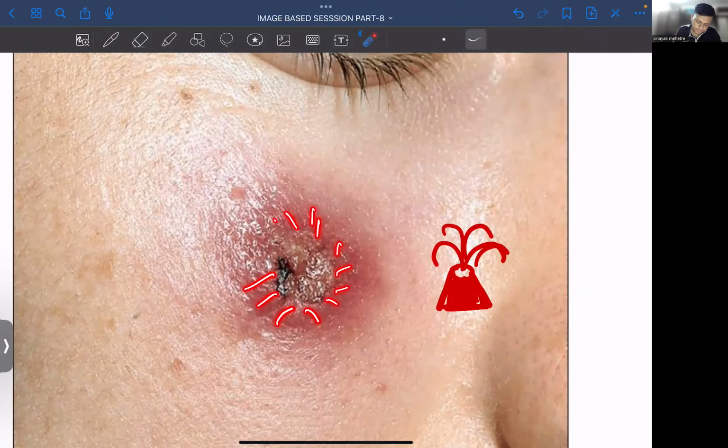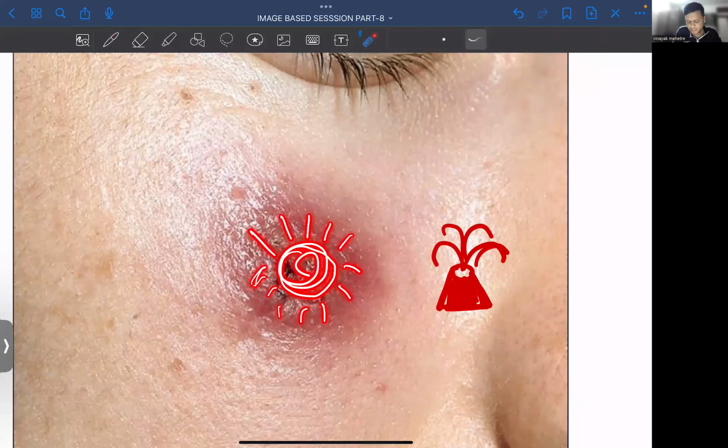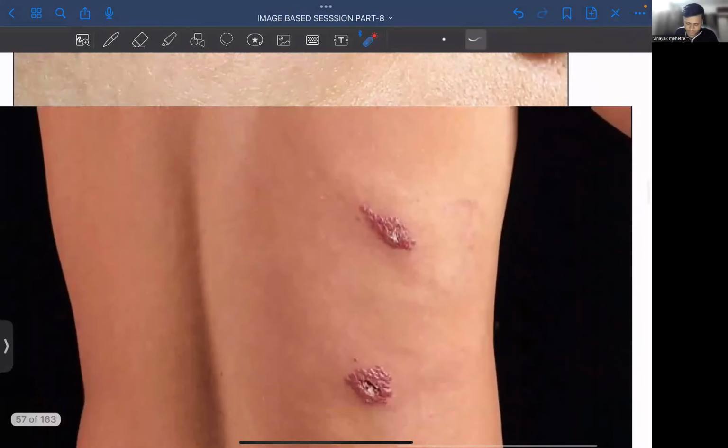Okay, if you will see volcano from the top, ये पहाड़ है, and from here the lava is going to come out. This is called as volcano sign seen in leishmaniasis. Take a look over here also.